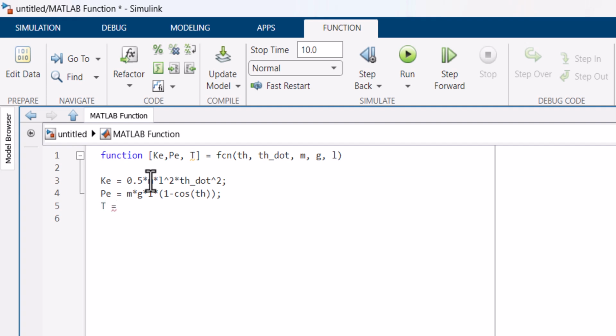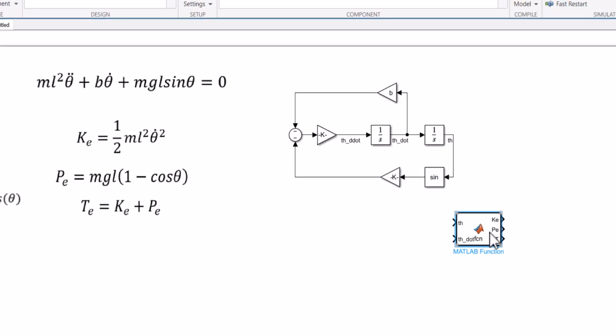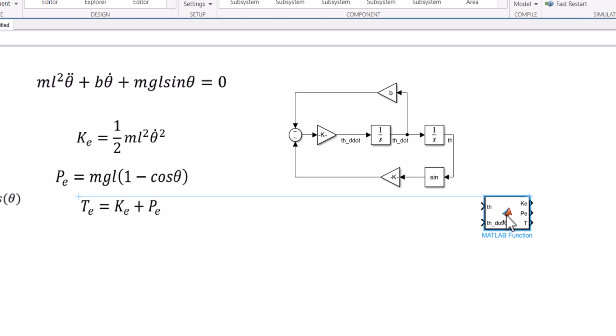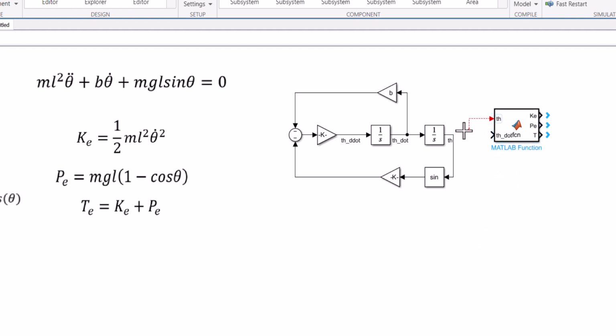And the total energy was nothing but Ke plus Pe. That's it. So I have this function that can calculate all these energies. All I need to do now is supply it with theta and theta dot.